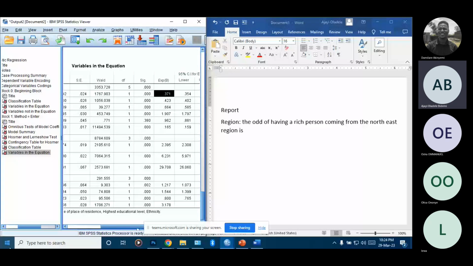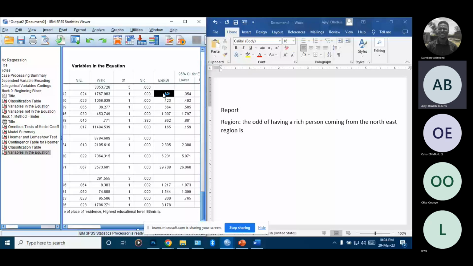Okay, now whenever the odds ratio is less than 1, we're going to say 1 over 0.371, which is 2.695.